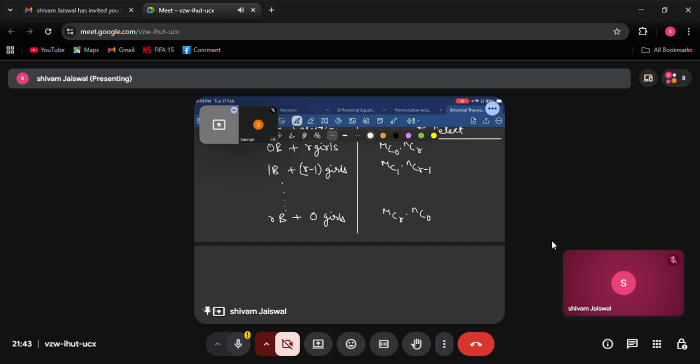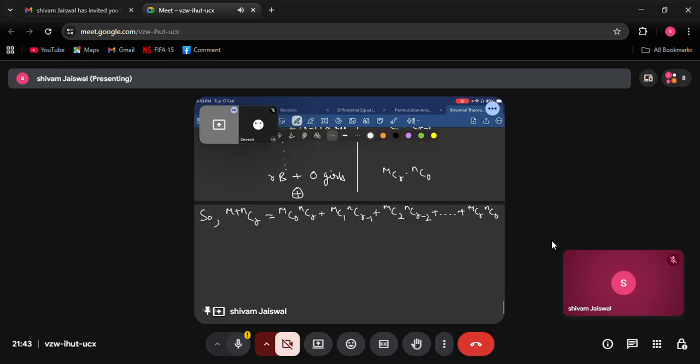So on adding, what do we get? m plus n Cr is equal to mC0 into nCr plus mC1 into nCr minus 1 plus mC2 into nCr minus 2 plus dot dot dot plus mCr into nC0.